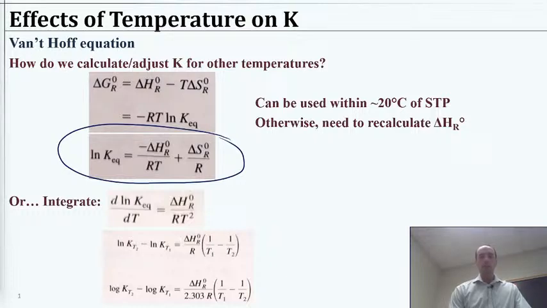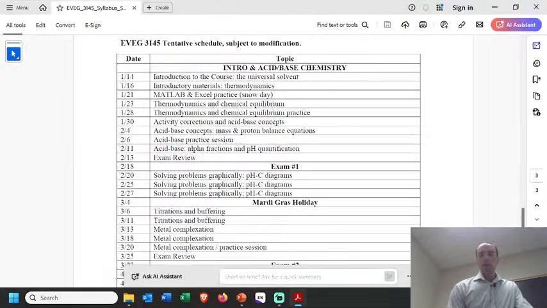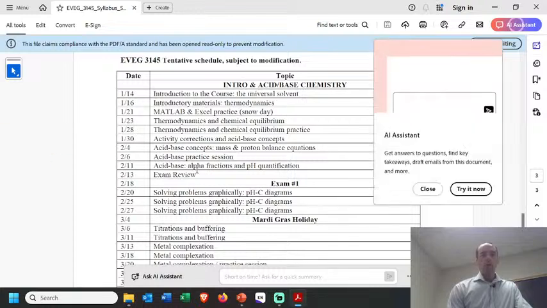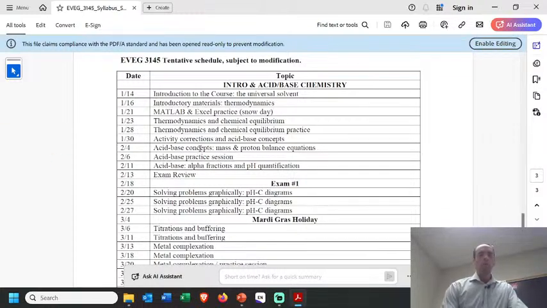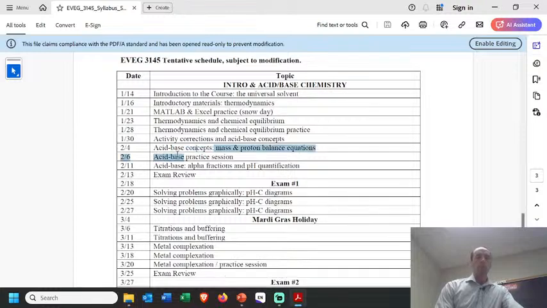I'm going to pull up the syllabus real quick. I did a tiny update just to reflect where we are on the schedule. Because we had the slight rearrangement with the snow day, originally we had a MATLAB session planned somewhere around the 4th or the 6th, so I just rearranged that a little bit.